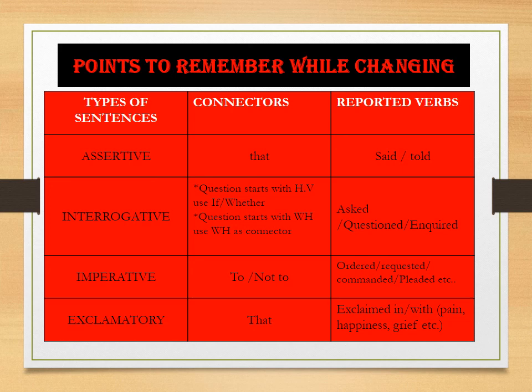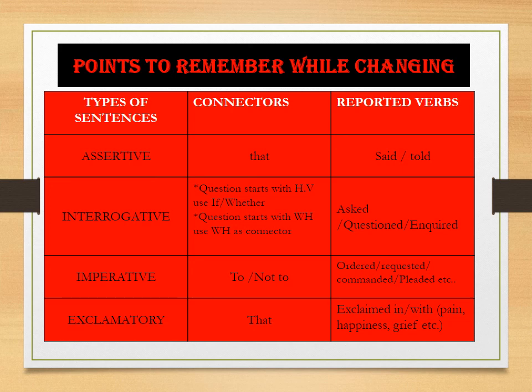If the question is a yes or no type, or if the question starts with a helping verb, you have to use the connector if or whether. But if the question starts with a WH word, then you have to repeat the WH word and use it as the connector to join the sentence. I will tell you what I mean by this by giving some examples in the next slide.